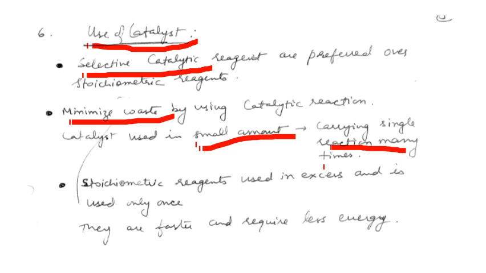So this is the benefit of using a catalyst. If we do not use a catalyst and only take a reagent, it can only be used once. And if we use a catalyst, the reaction is faster and requires less energy, which is advantageous.